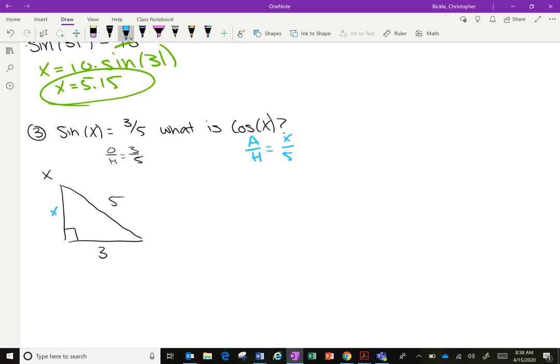This is Pythagorean theorem: leg squared plus leg squared equals hypotenuse squared. So I know that x squared plus 3 squared equals 5 squared. That means x squared plus 9 is equal to 25.